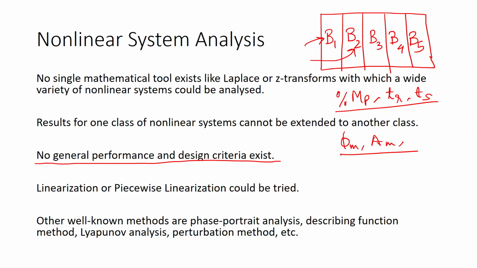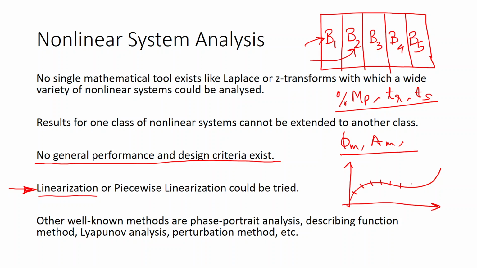So what do we generally do as engineers and as even mathematicians? They generally resort first to something called linearization. So we try to linearize the system about some operating point actually. So what we do is basically, if we have a nonlinear function like this, we can visualize this as pieces of linear function.